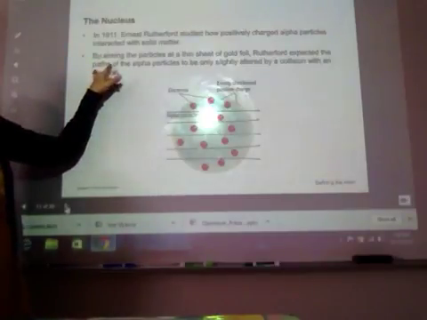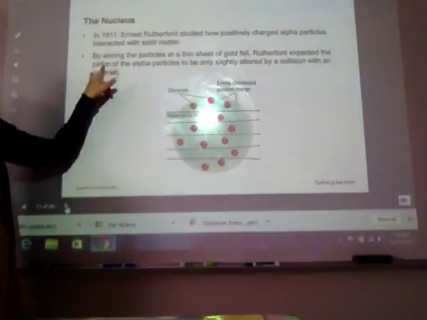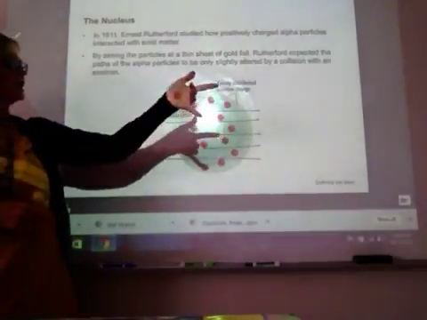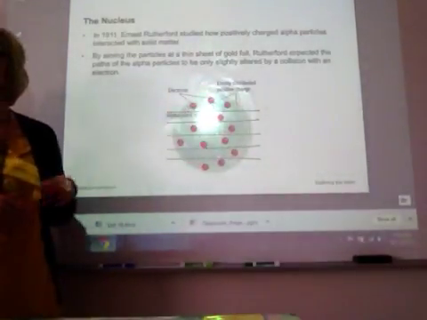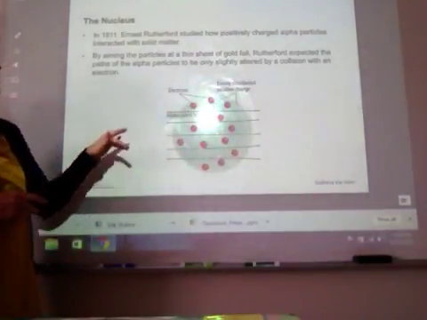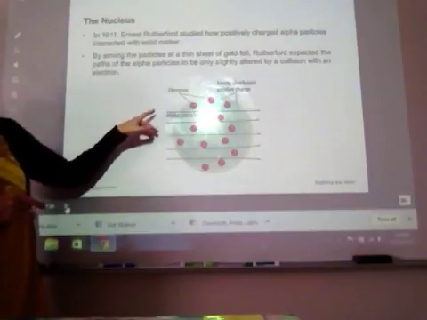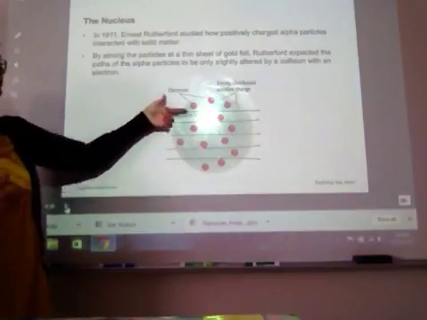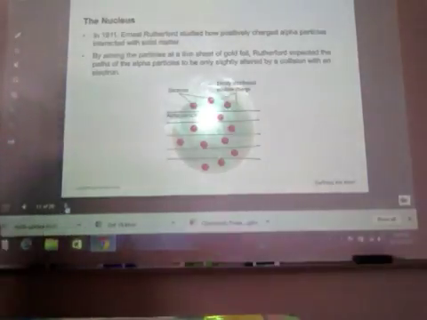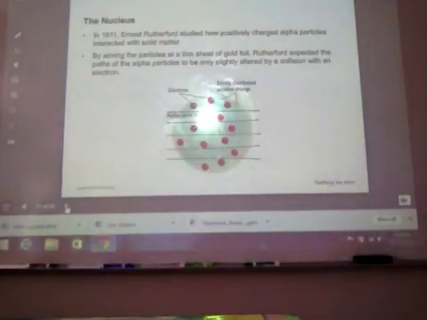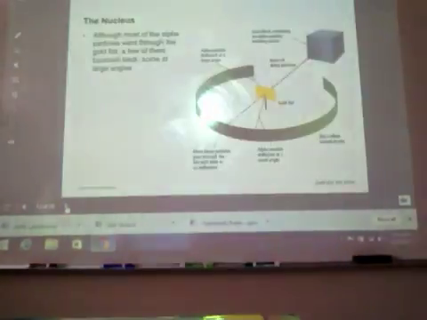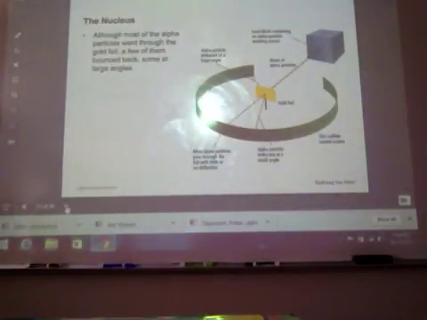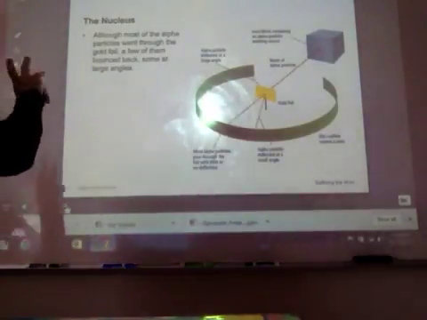It's called the gold foil experiment, and he was shooting alpha particles through a material. He expected that they would be altered whenever they hit an electron. So when he shot these rays through, he expected that there would be some changes. So here's kind of his setup.